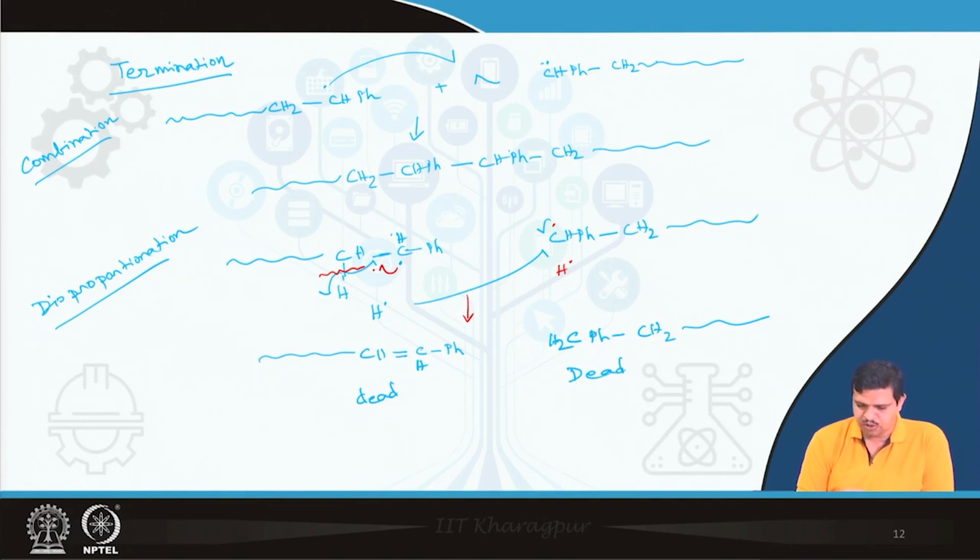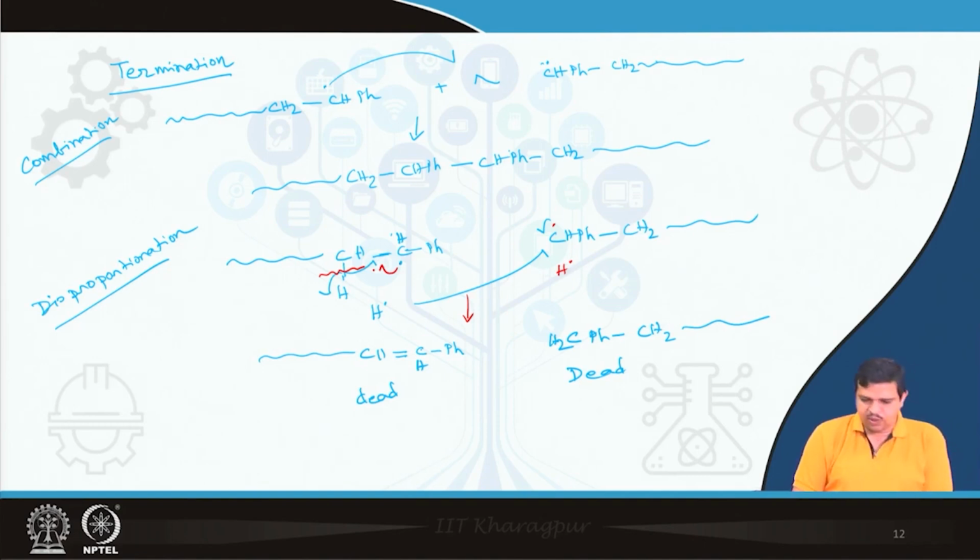So, H dot is free now, this H dot reacts with this end and forms the dead polymer end, and here you are getting the dead polymer, but with one alkene bond.